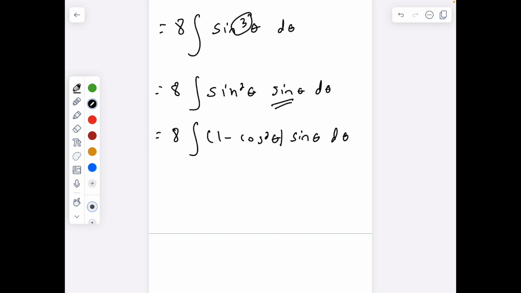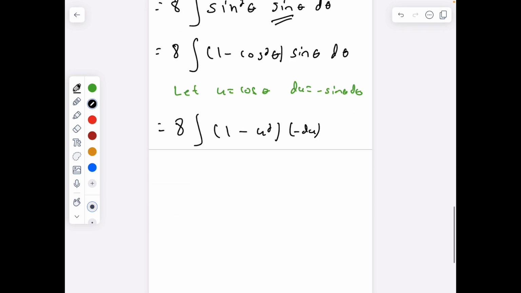And the way it works is you're going to do a u sub. You're going to let u equal cosine theta. And then your du here would equal negative sine theta d theta. And this would rewrite as 8 times the integral of (1 minus u squared) times negative du, or negative 8 times the integral of (1 minus u squared) du.